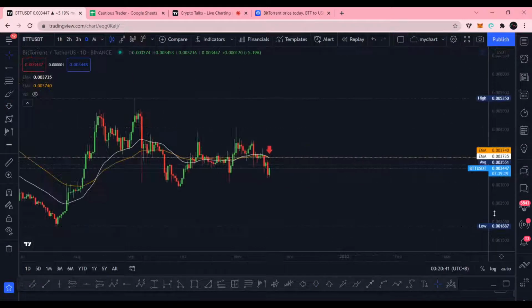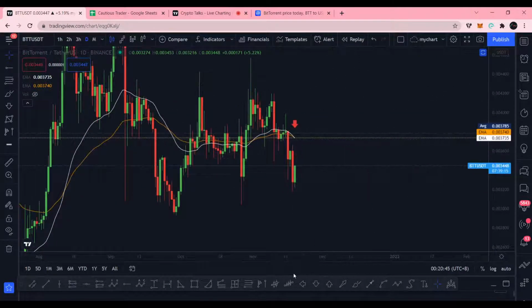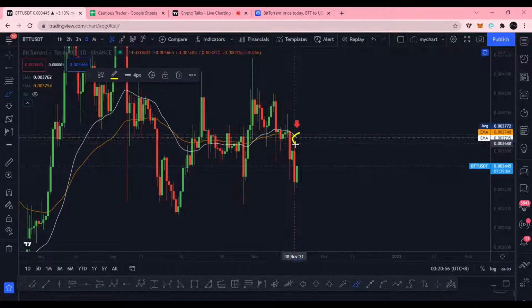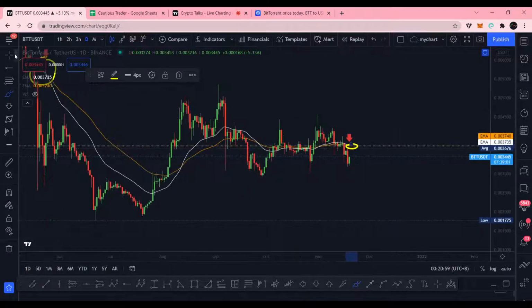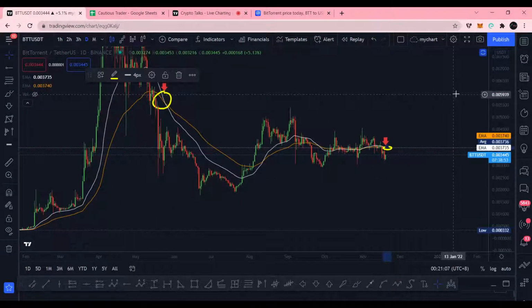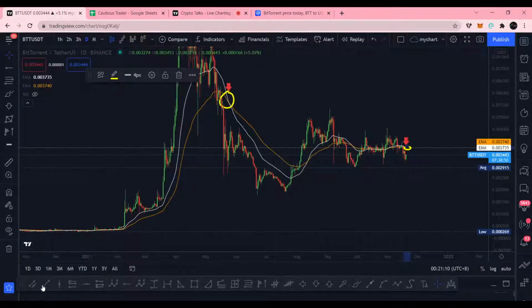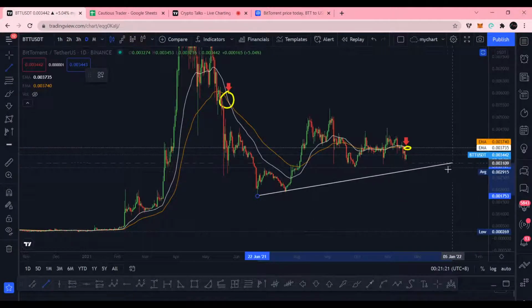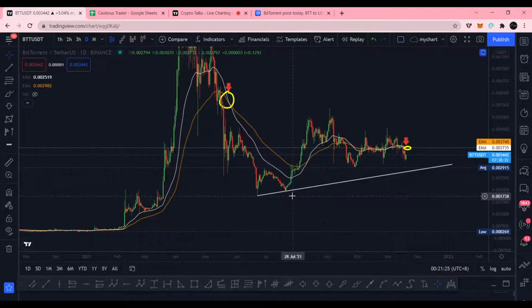And this one, it actually just crossed, no? So I'll wait for now, maybe. Over the weekend I plotted possible trend lines here too, and I used it.